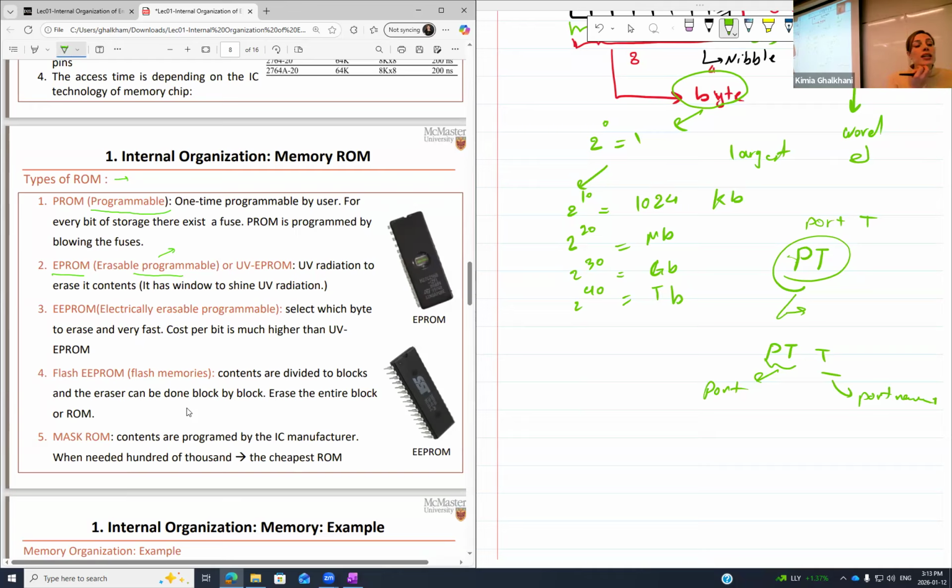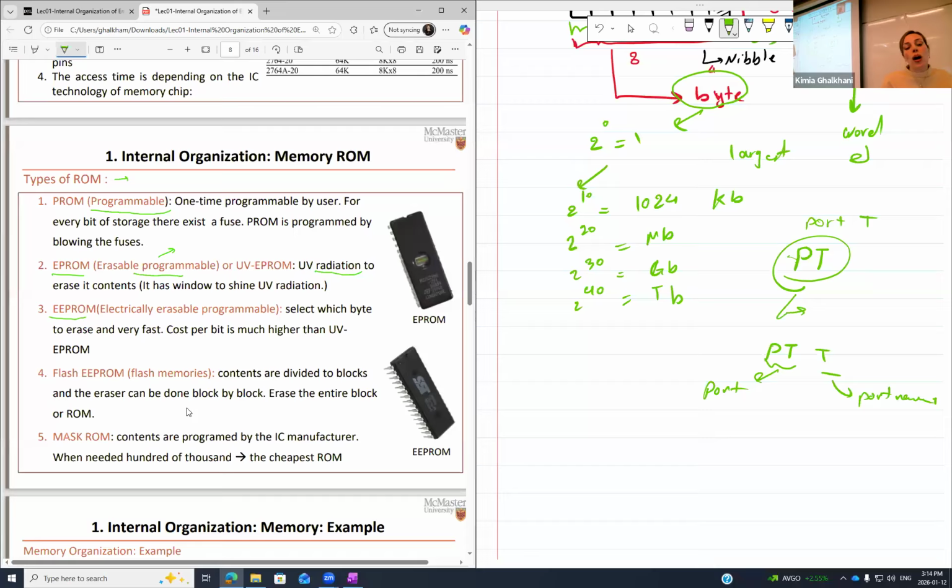They use UV radiation. You cannot erase this information simply through your regular computer. Nowadays, nobody uses them as a usual device, but still I'm introducing it to you. In order to erase information, you need special UV radiation. You have to expose them to UV radiation, erase all the information, clean them up, and use them again. That's what we call EPROM.